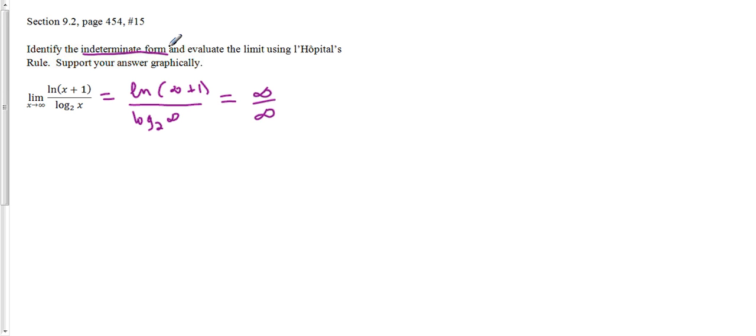Now this is actually good because this is one of the two indeterminate forms that lends itself to L'Hopital's rule. So let's remind ourselves what L'Hopital's rule is.